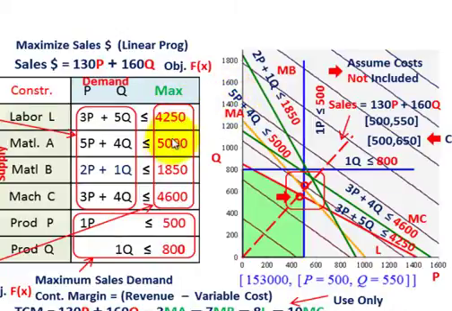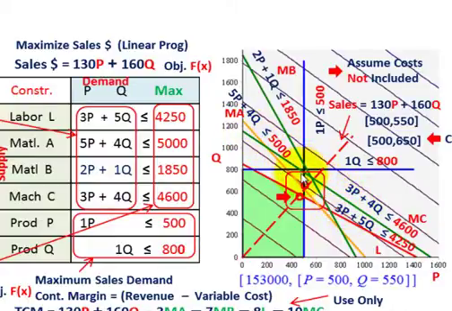Then we have 5,000 for material A, that's the gold line: 5P plus 4Q is less than or equal to 5,000. Then one for material B, 1,850, that's the green line. And then machining C, 4,600, that is another green line.